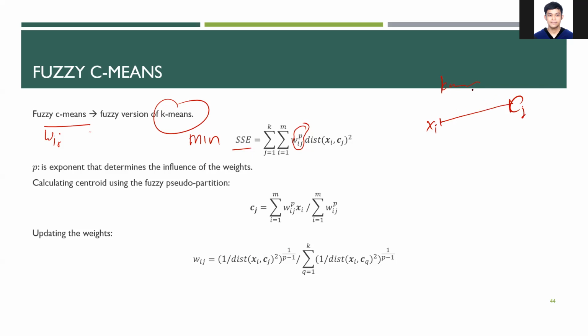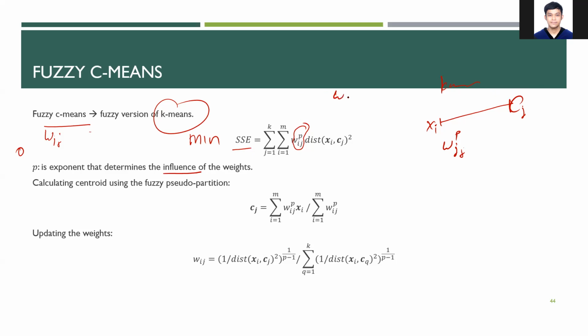But in fuzzy, we also consider the membership value wij, and p determines how big the influence of the weight is. If we choose p as 0, it means we don't care at all about the weights, and then it becomes K-means.